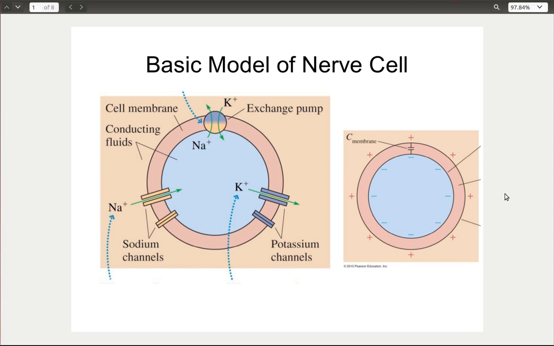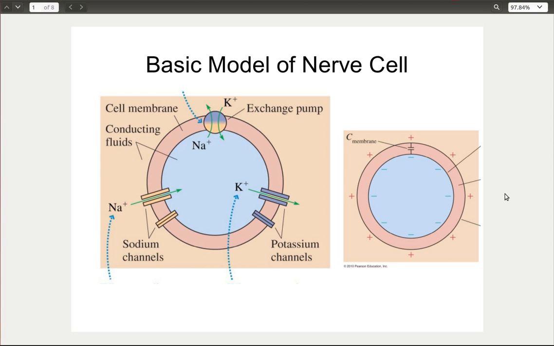Okay, the sodium channel is diagrammed in the lower left part of this figure. It's a channel that is designed, through the magic of biology and chemistry, so that only sodium ions can move through it. It's typically closed, but when it opens up, sodium ions will flow from the outside to the inside, changing the average electric charge on the outside and the inside.